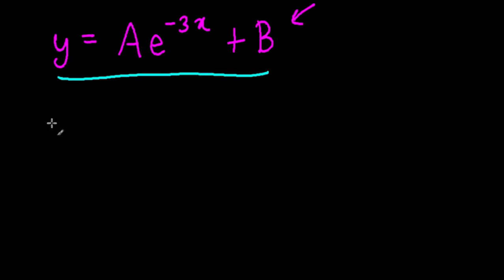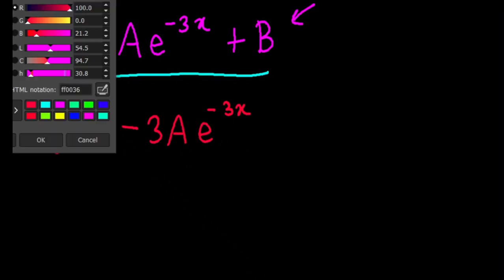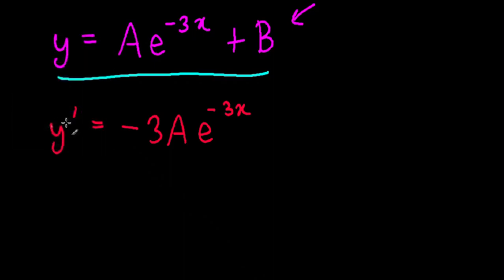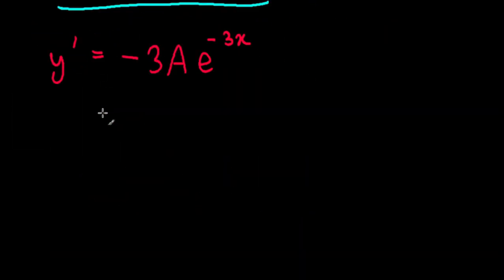For the first derivative, we differentiate the right side and get negative 3a e to the minus 3x, and the derivative of b, just a constant, is 0. So this is the first derivative. We need to find the second derivative too.